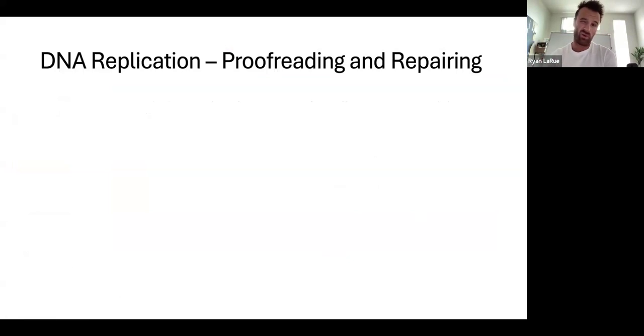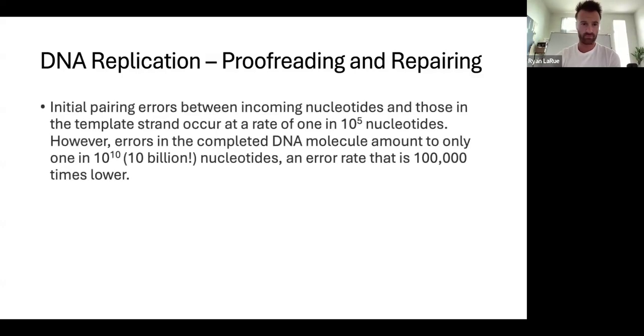Because they're very important: we have evolved these mechanisms to prevent cancer, to prevent genetic diseases and really harmful effects to the cell and to the organs and to the organism as a whole.